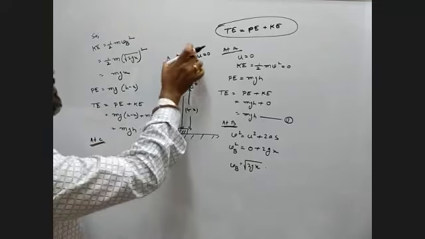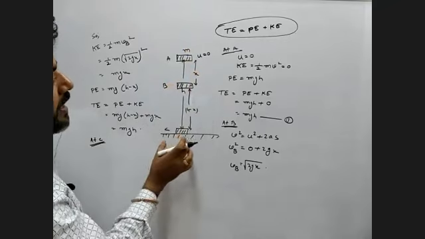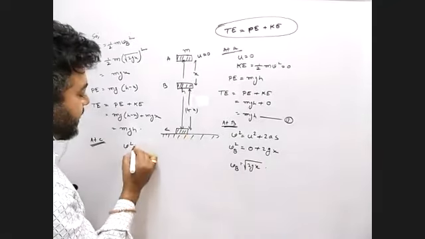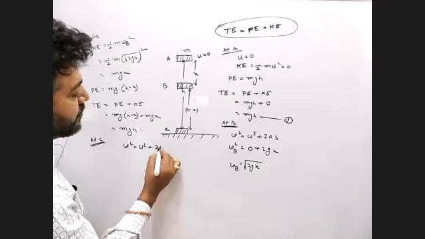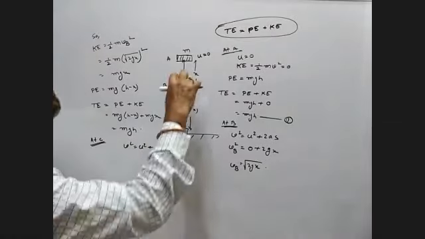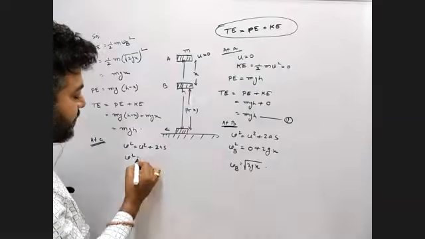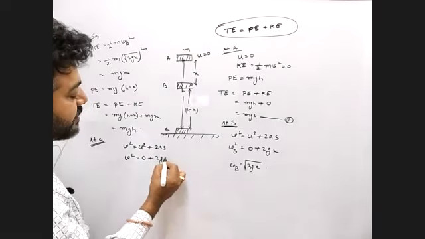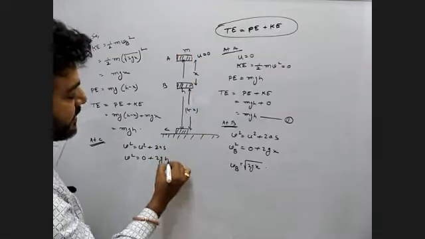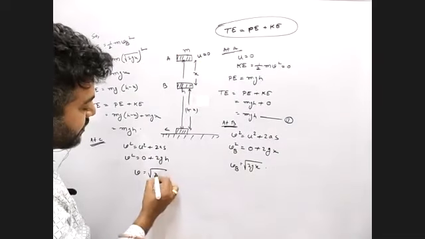Now at C. Now from here, v square equals u square plus 2as. You can use from here to here also, it doesn't matter. So v square equals 0 plus 2g into h, so v is root under 2gh.